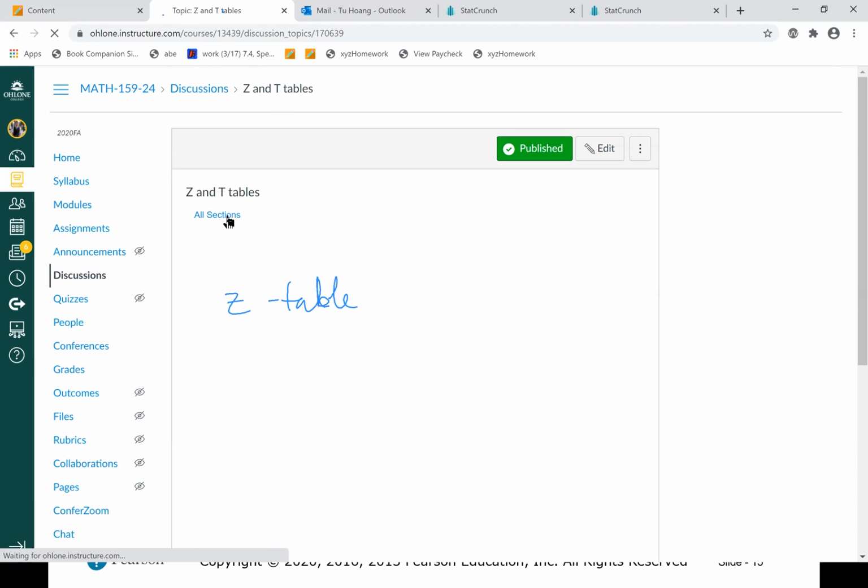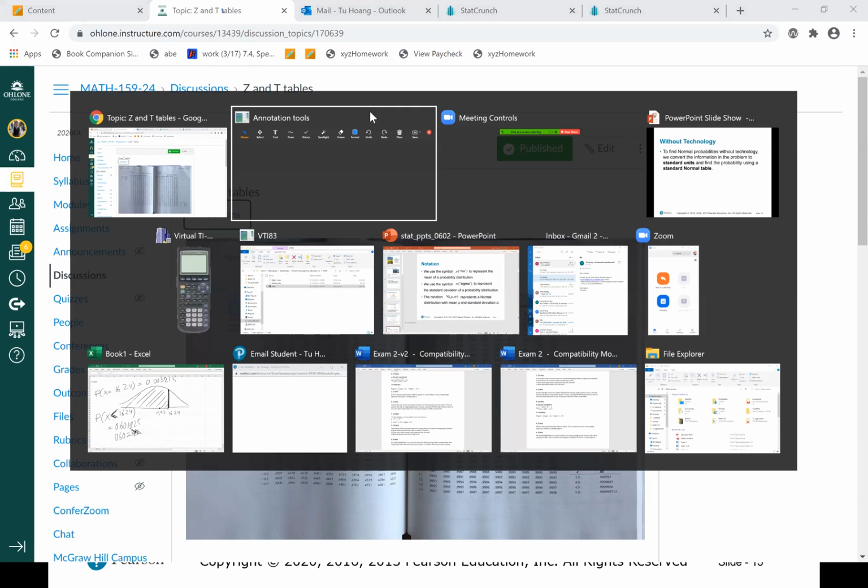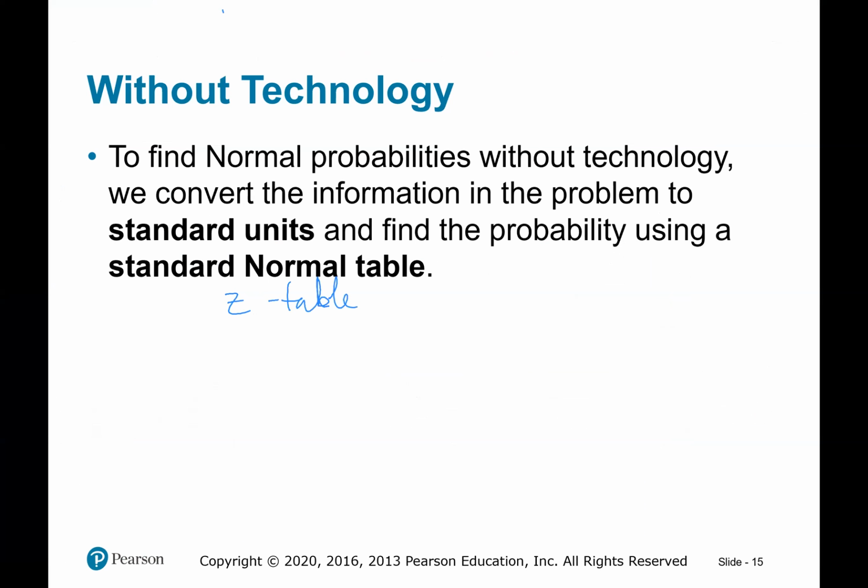You can click on it. However, it will make you more confused if you try to use it this way. So I would like to skip this method, and we are just going to focus on using StatCrunch or using the TI-83 or TI-84 to handle this problem. Okay, so let's move to the next page.